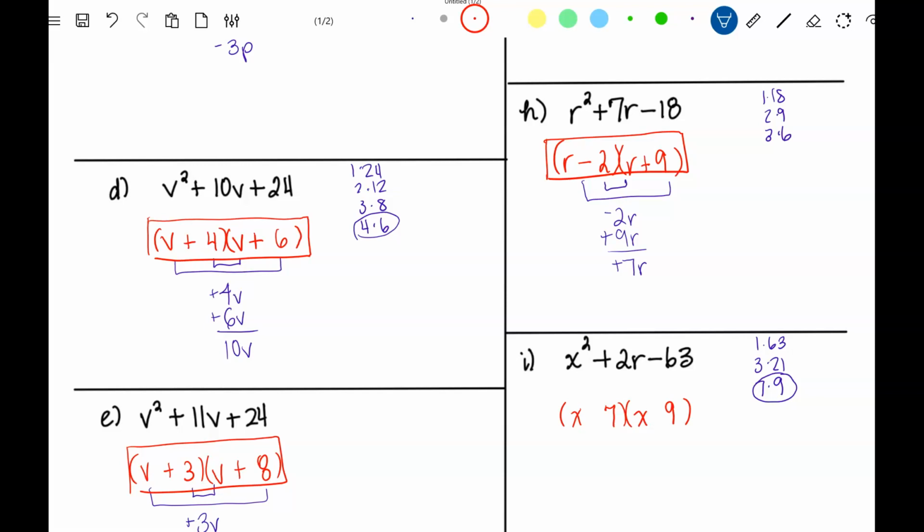Signs are different because that 63 is negative. The positive goes with the bigger number. Double check. That's negative 7x and positive 9x, which gives positive 2x. So that is the correct answer.